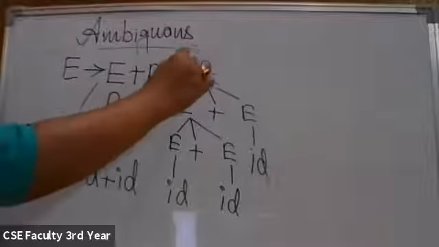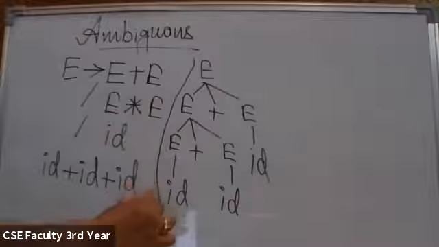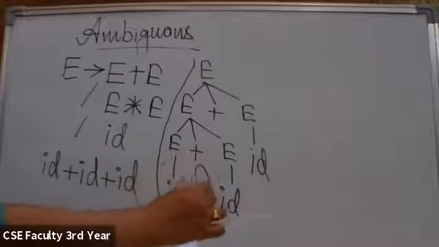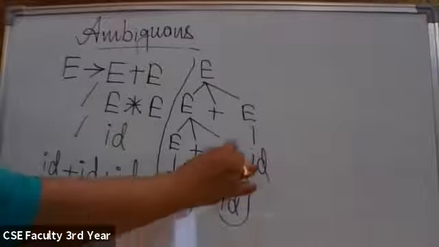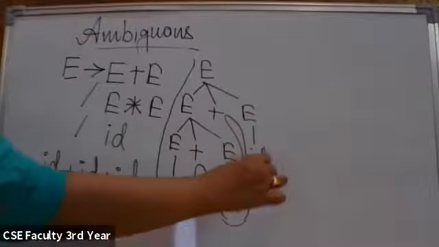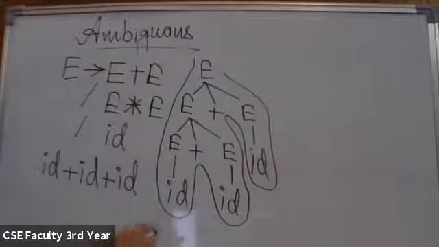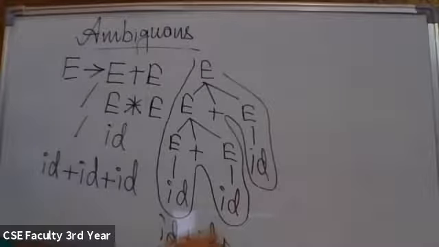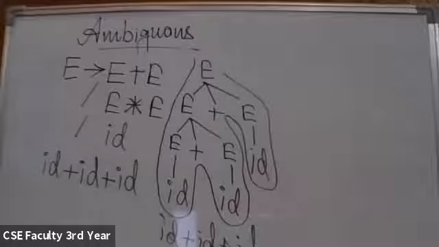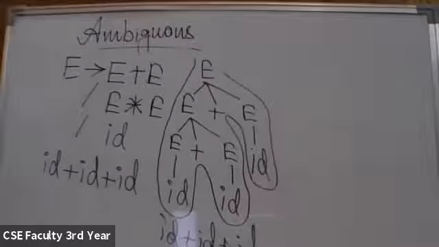If you traverse it top down, left to right, first ID I got, then plus ID, then again plus ID. So what do we get? ID plus ID plus ID. Remember, whenever you have to traverse the tree, the traversal should be top down, left to right. So this is one parse tree that we can get.